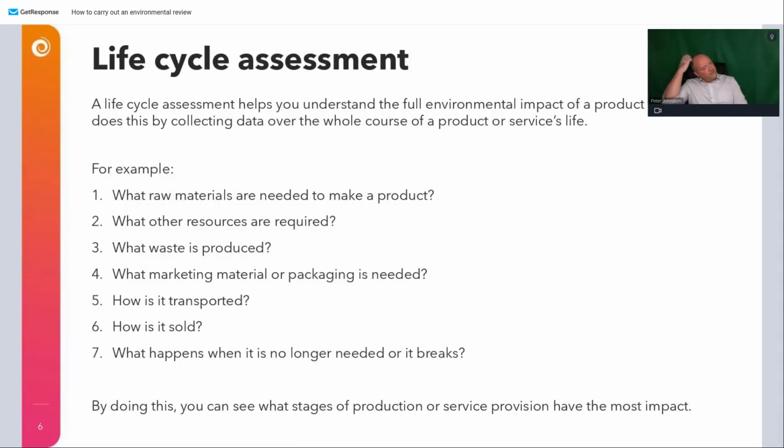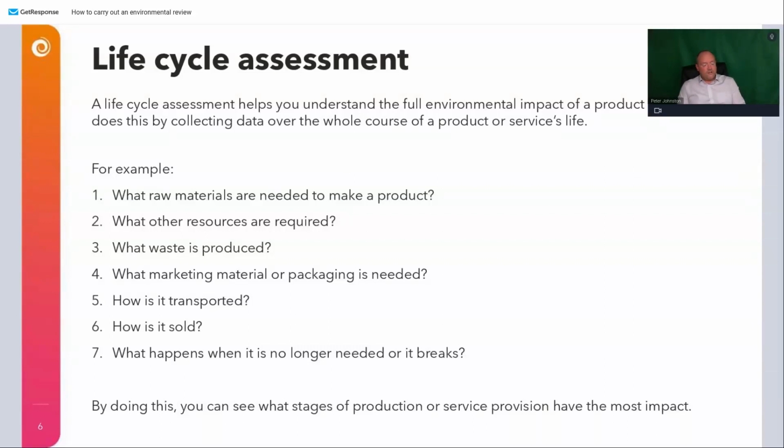So what is a life cycle assessment? A life cycle assessment is essentially looking at the entire life of the product. So instead of just looking at, for example, how you might use it, think about it in the entire life of it. So a perfect example of this is potentially something like an electric vehicle.